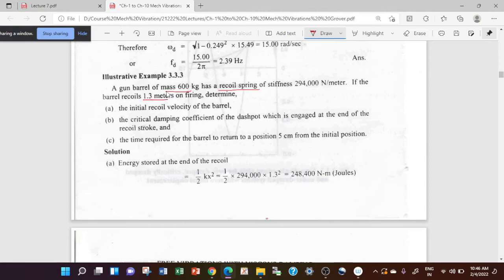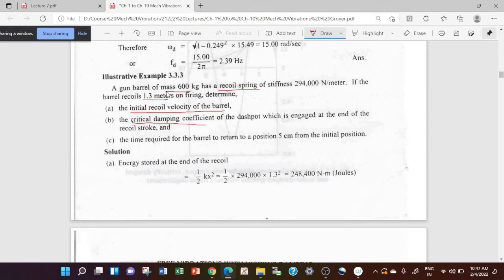Here we need to find the initial velocity of the barrel. Then at the end of the recoil, you will have a critical damper there, and we need to find what critical damping coefficient is needed for this system.